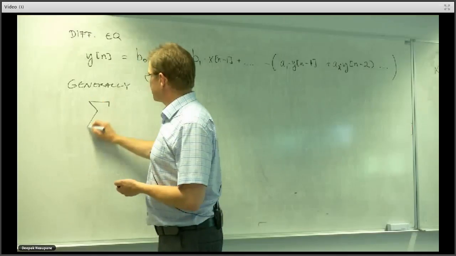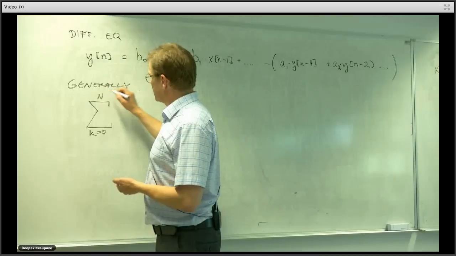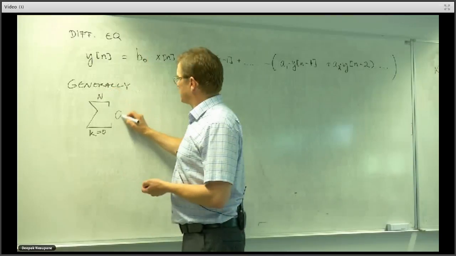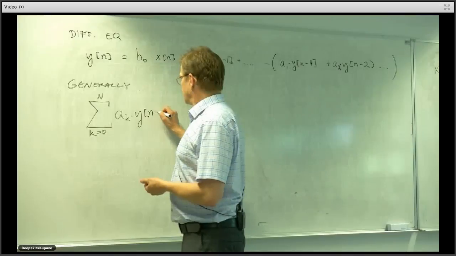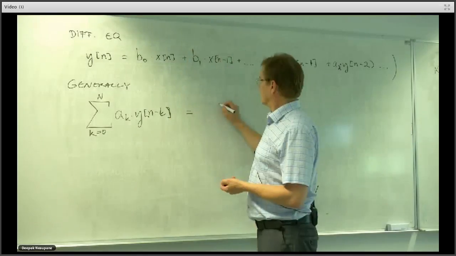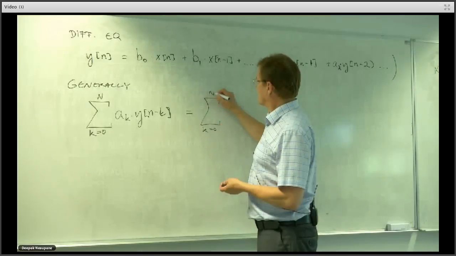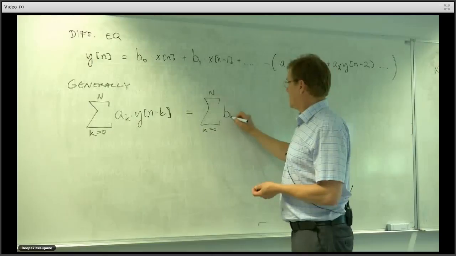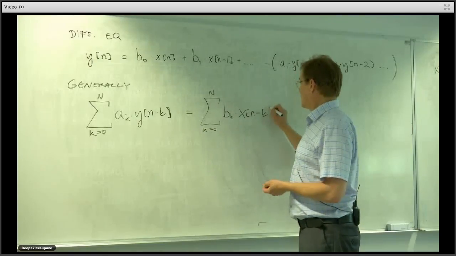On the left-hand side, you have the sum over all indexes from 0 to n of a k times y n minus k, equals all the other terms on the right-hand side, b k times x n minus k.